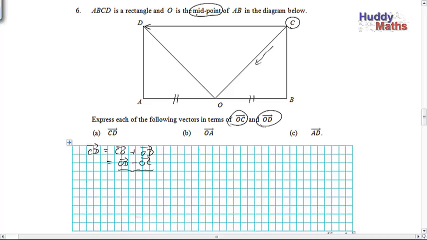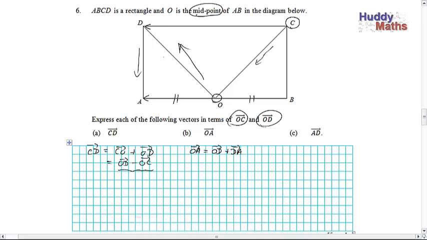Okay, OA. Let's have a look at OA. We're going from here to here. So OA would be equal to, come up this way, OD, and then plus DA, DA coming down here. Now we want it in terms of OD. Okay, so what could we do?